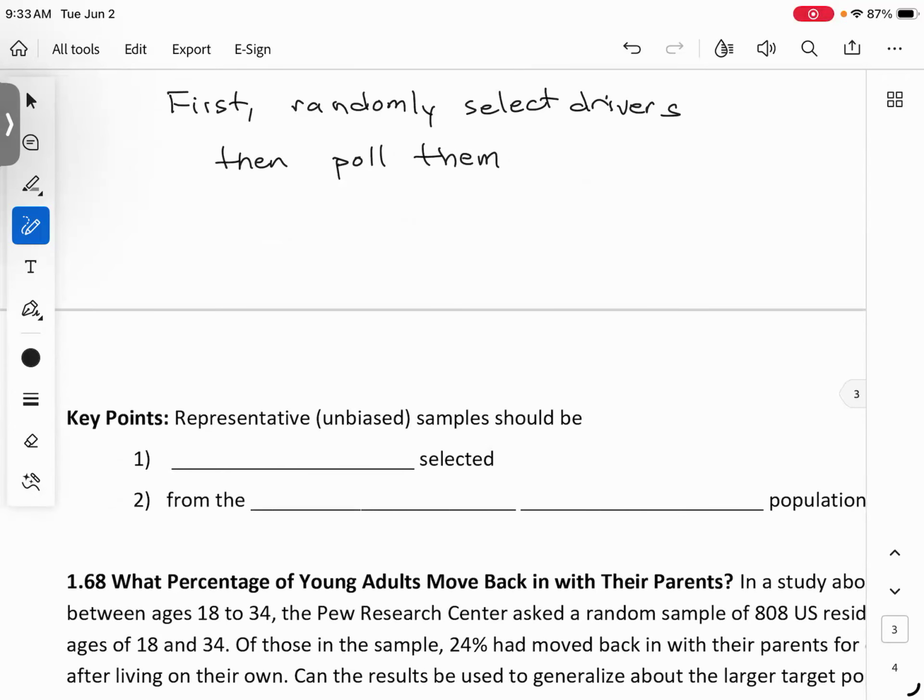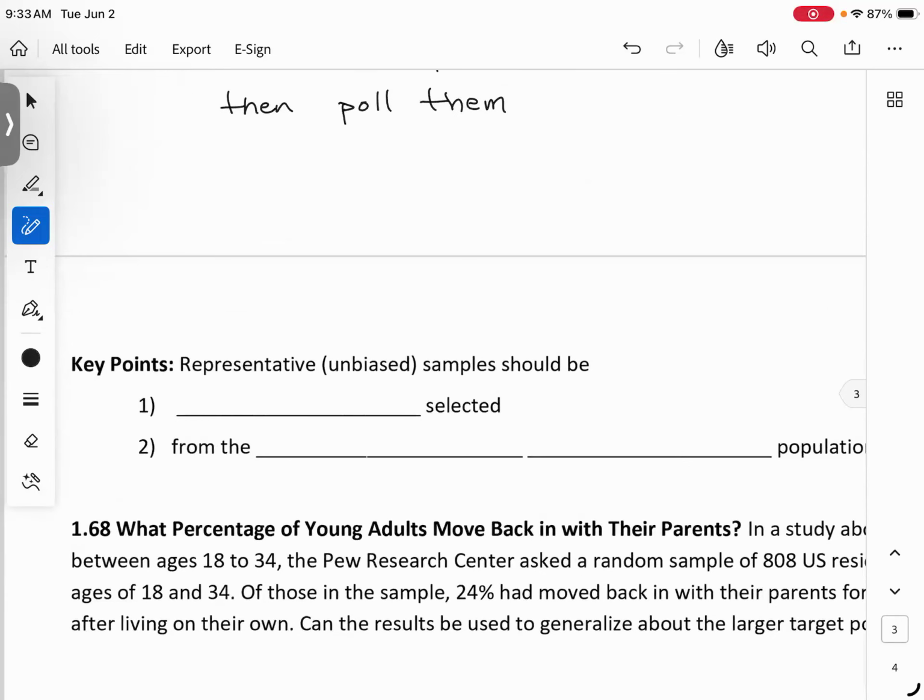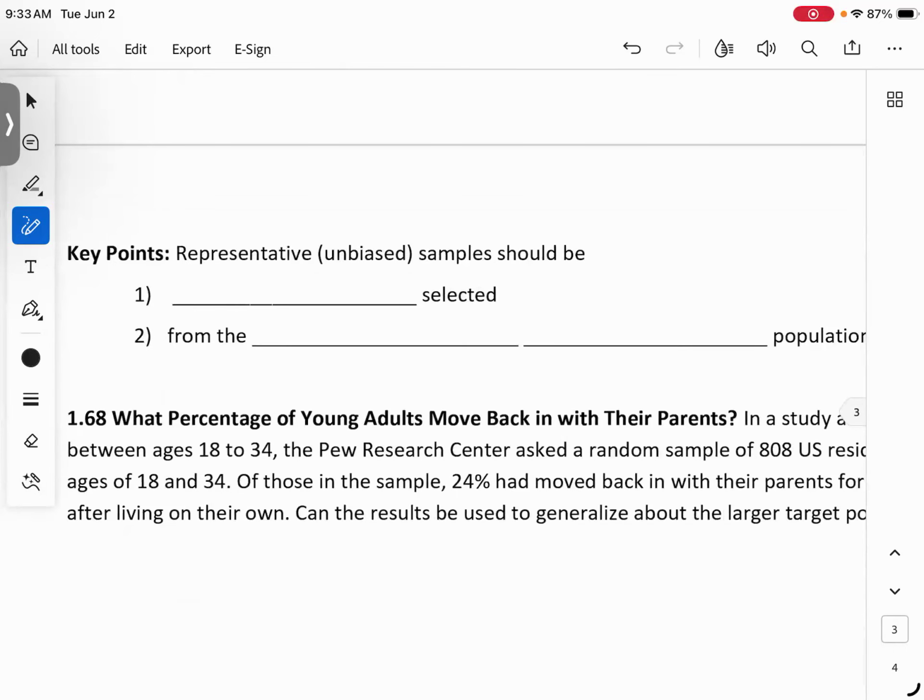So there's also convenience sampling, that if you're just doing it mainly to get the practice of collecting data, that's fine. It doesn't have to be random. But if you are planning on publishing your results to the mass audience, to the public, then yeah, you're going to want to do a random sample. That way you get a good mixture so that your sample is a good representation of the population.